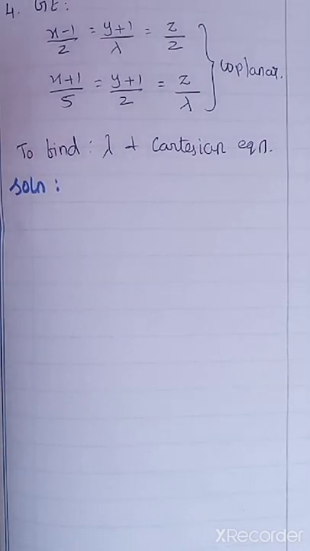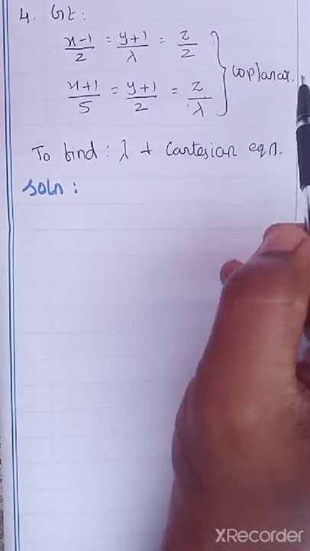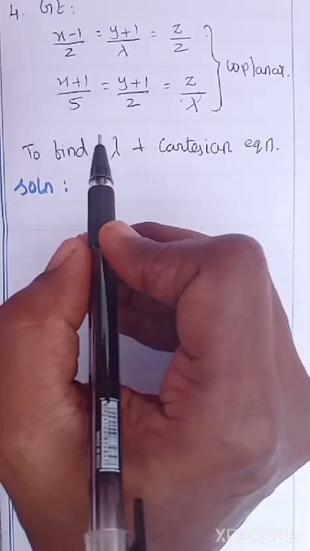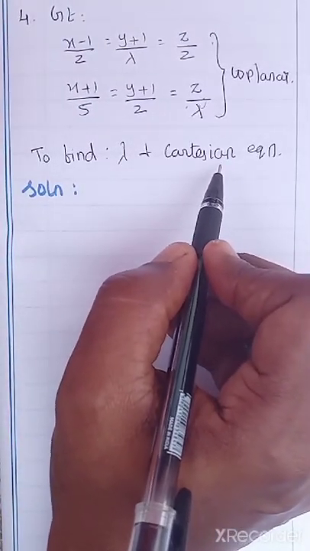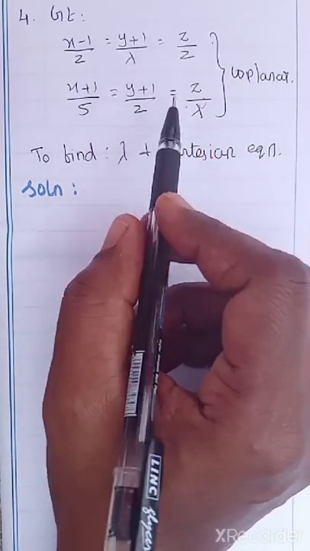Your fourth question. Two straight lines are given, and if these two straight lines are coplanar, we want to find out lambda and also the Cartesian equation. Okay, coplanar, two lines are given. Which formula do we have to use?